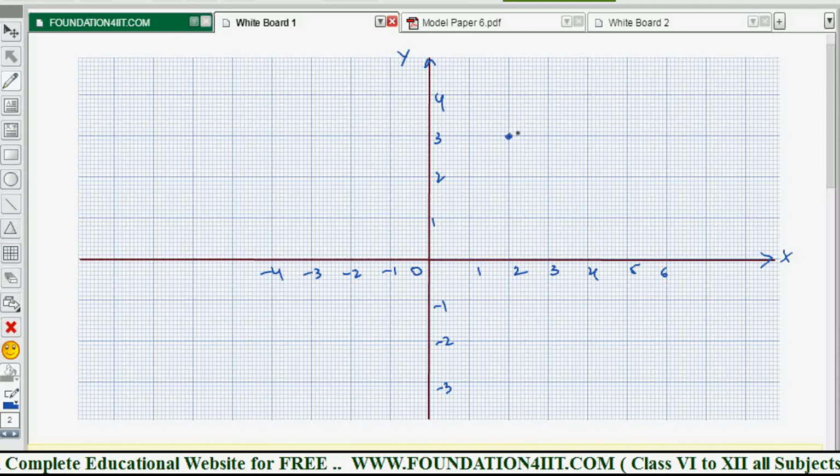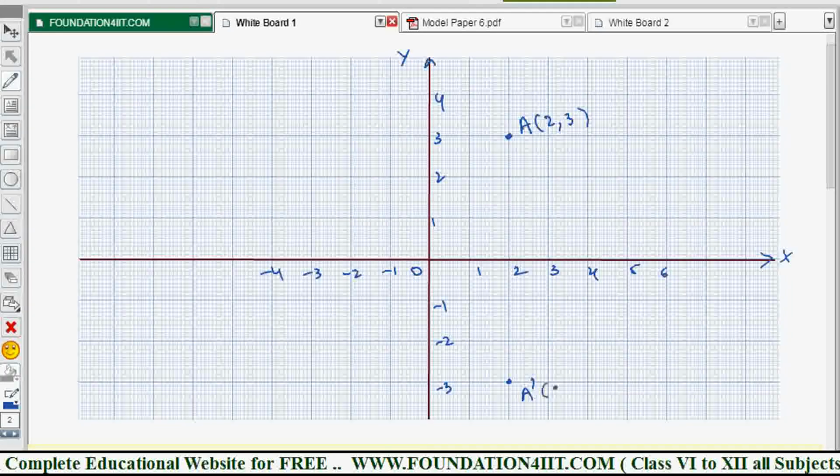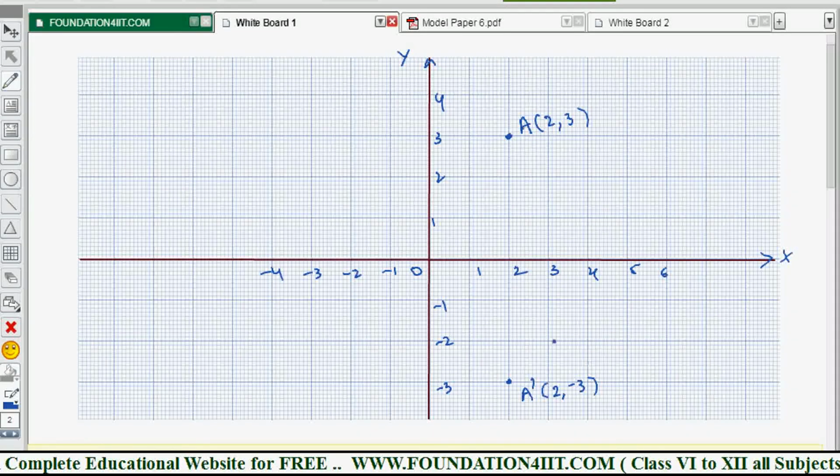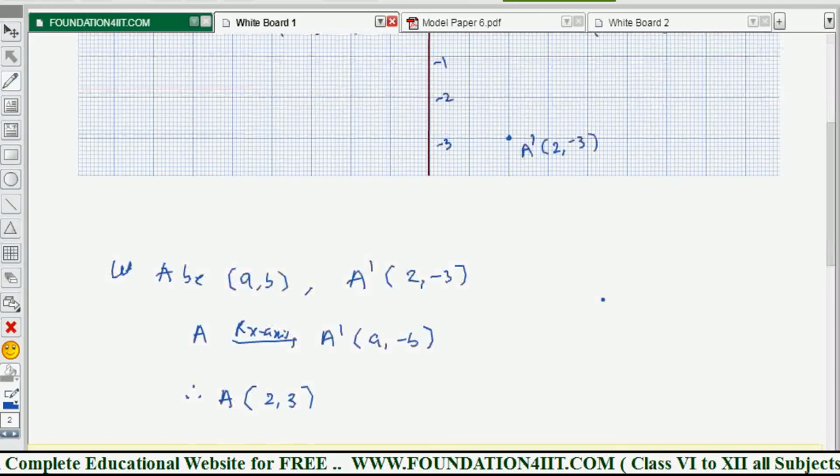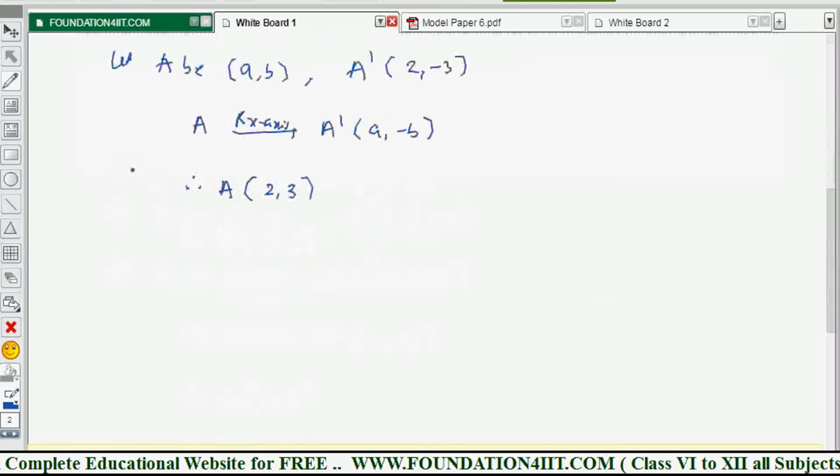We need to plot the points. First, A is 2 comma 3. So 2 comma 3 is this. This is A. And A dash is 2 comma minus 3. So this is A dash, 2 comma minus 3. Right? Now A double dash is the reflection on the y-axis.